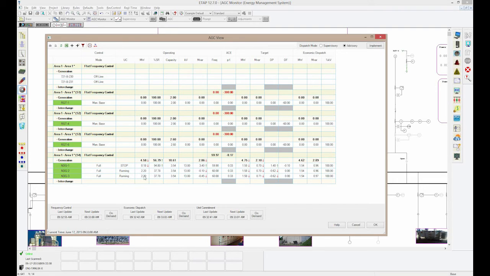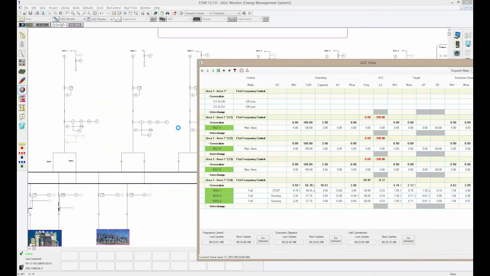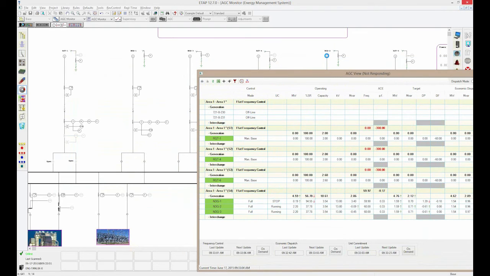the control objectives. Now, just for the sake of demonstration, if I was to go to one of these generators that I have in my system, and we can essentially pick, let's say, NDG2.